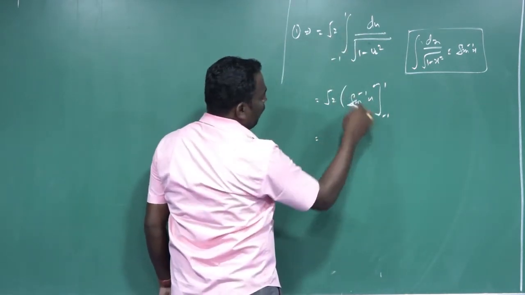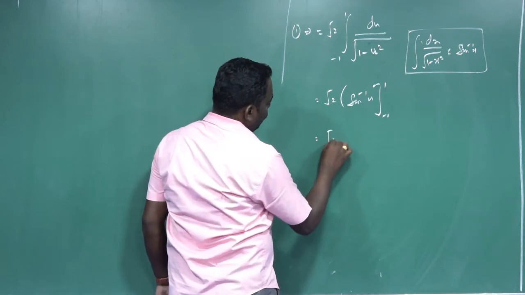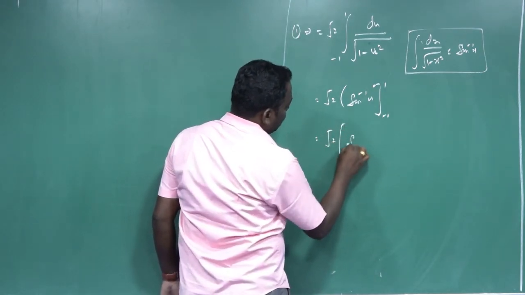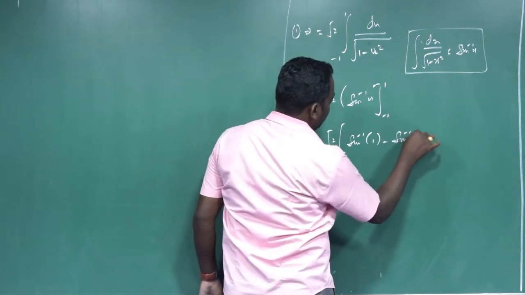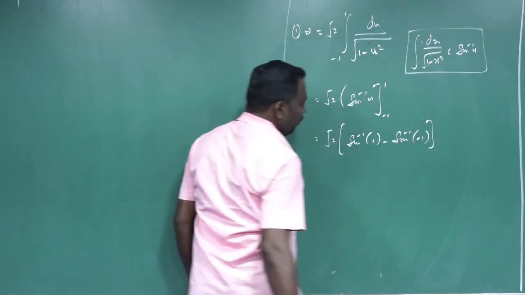Now apply the upper limit value minus the lower limit value. Root 2 into the bracket: sin inverse of plus 1 minus sin inverse of minus 1.